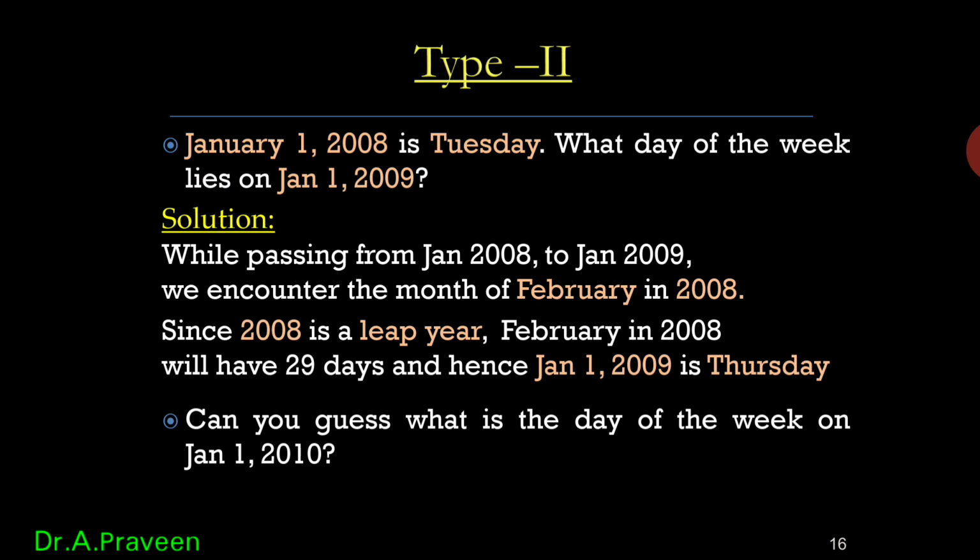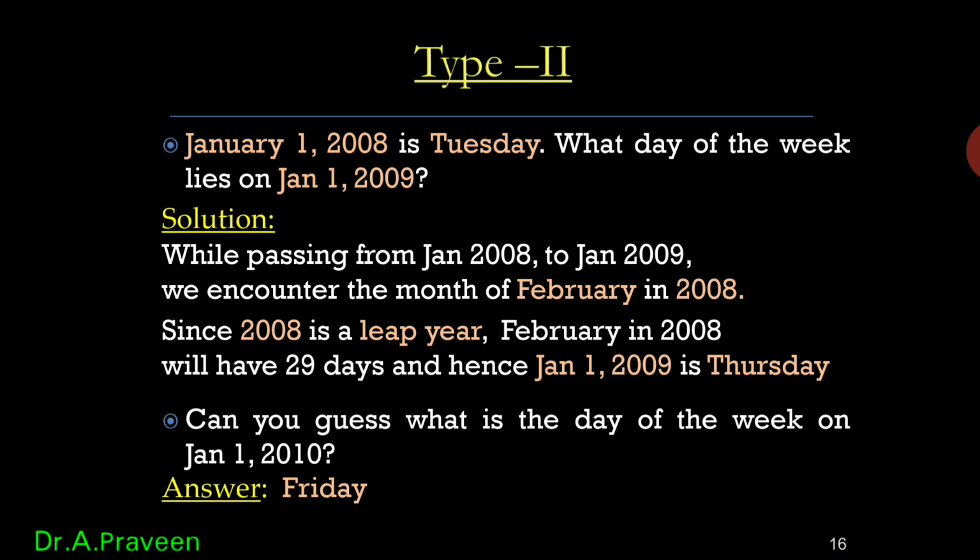We have to look at the year in which we cross the month of February. We crossed the month of February in 2009 as we pass on from January 1, 2009 to January 1, 2010. And 2009 is not a leap year. So therefore, January 1, 2010 will be 1 day after Thursday. So that is a Friday.